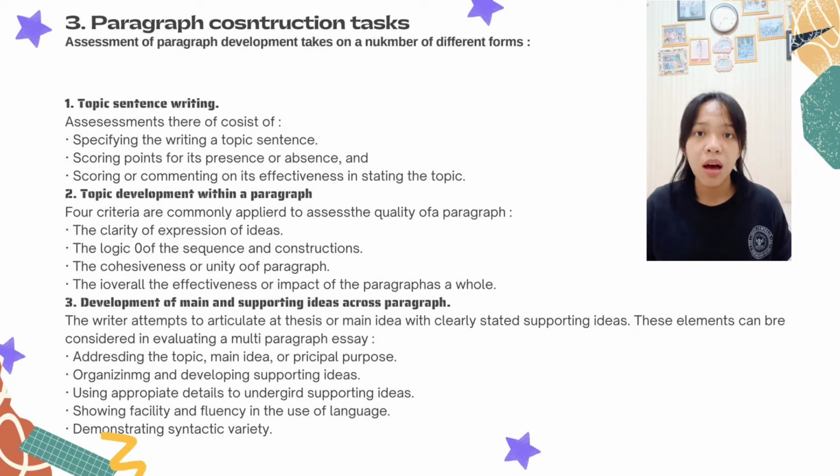Number 2, organizing and developing supporting ideas. Number 3, using appropriate details to undergird supporting ideas. And number 4, showing facility and fluency in the use of language. And the last is demonstrating syntactic variety.